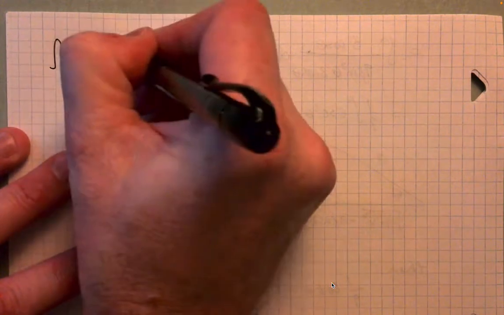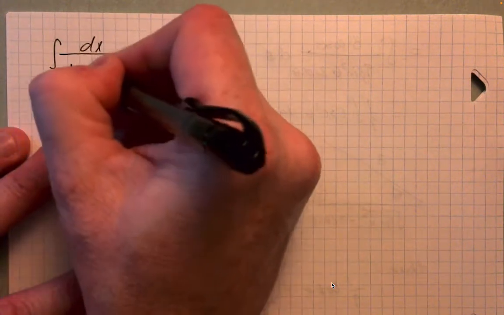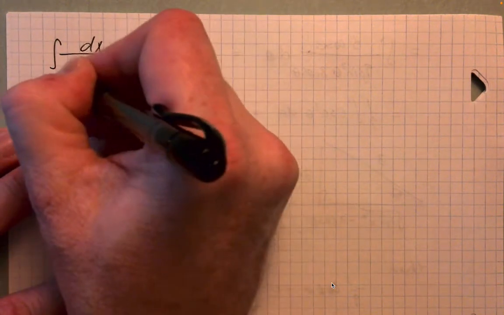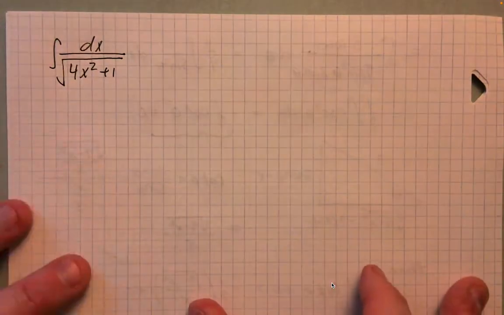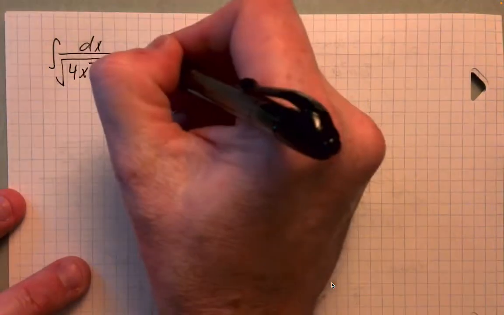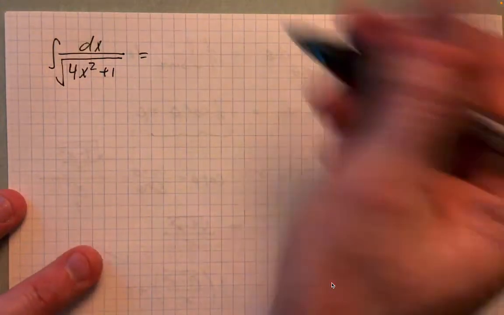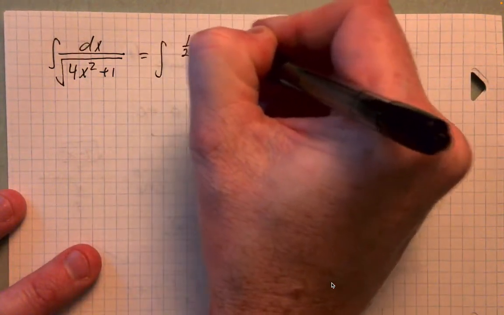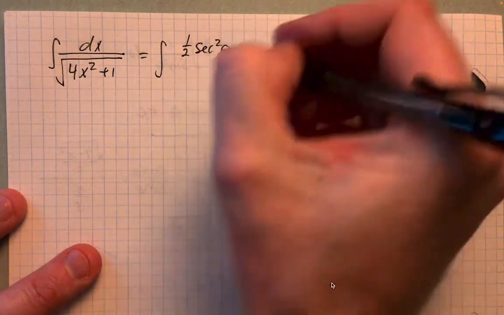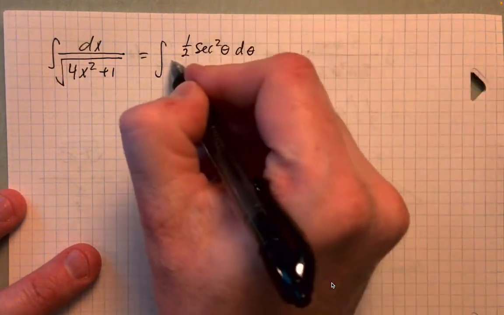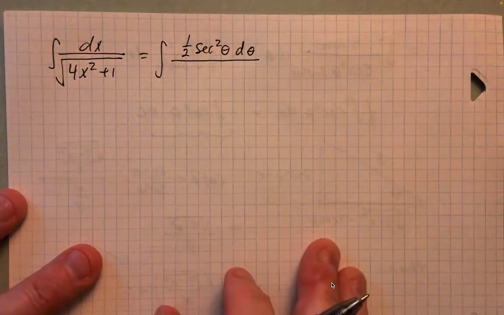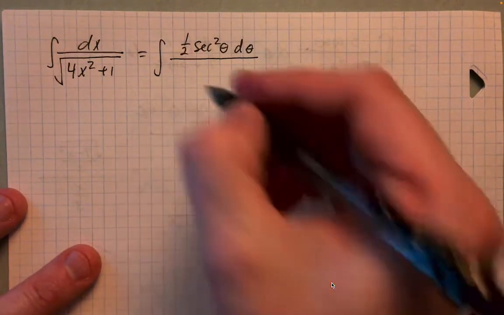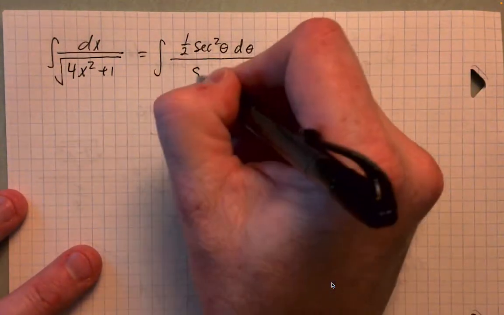All right, so here's what we start with. Here's our opening integral. We have the square root of 4x squared plus 1 in the denominator, and dx on the top. We saw that dx is 1/2 secant squared theta d theta, so I put that there on the top. And then the square root of 4x squared plus 1 we just saw was the secant of theta.